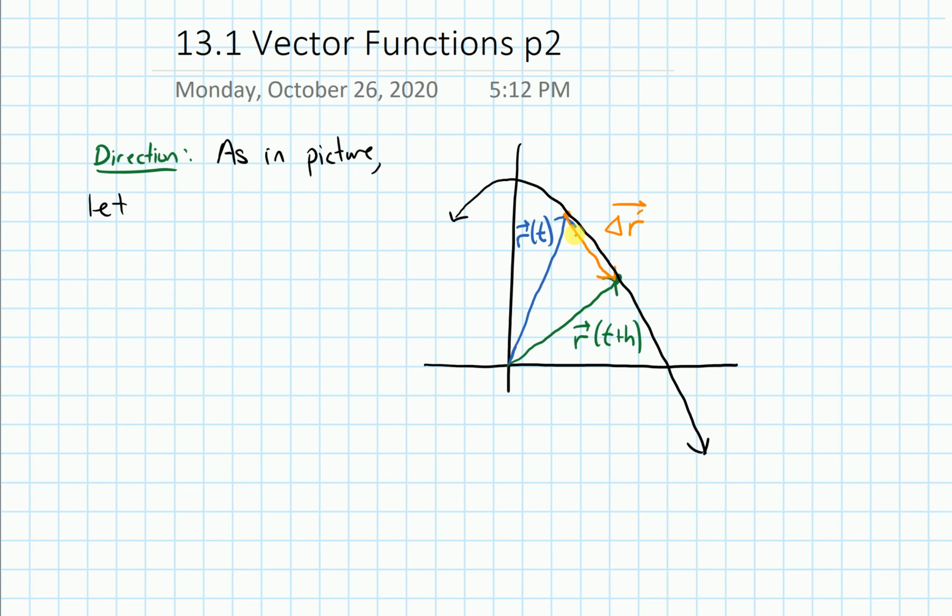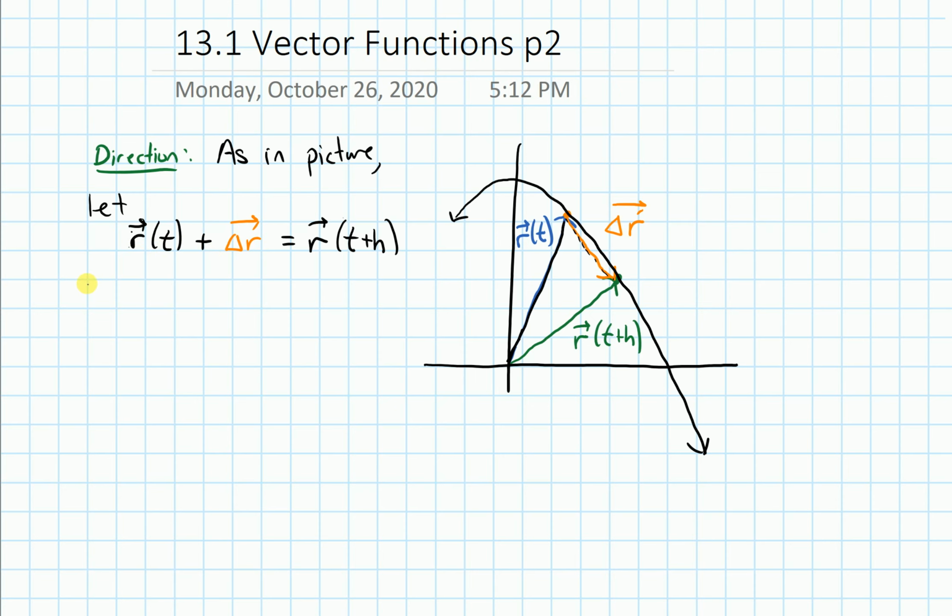What I meant to say is r of t plus that vector delta r. If I go along this vector r of t, and then I go along the vector delta r, that equals the vector r of t plus h. So using the geometry of how we add two vectors, adding r of t to the vector delta r is going to equal r of t plus h.